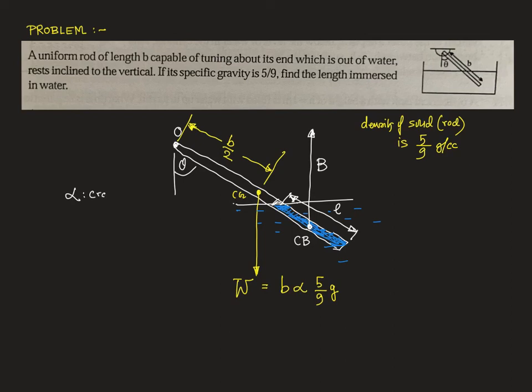So alpha is the cross section of the rod. Okay, so the buoyant force is L alpha. As it is submerged in water, the density is 1. So L alpha 1 into g. Now the distance of the center of buoyancy from the hinge at O is equal to b minus L/2.